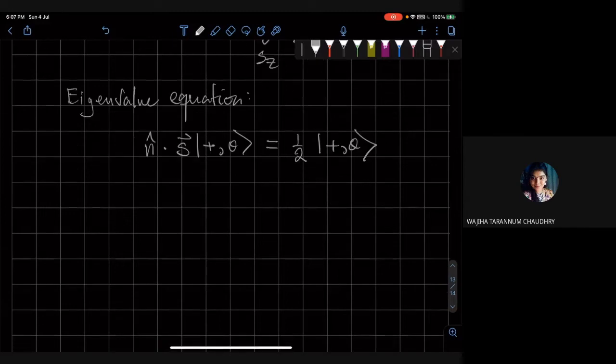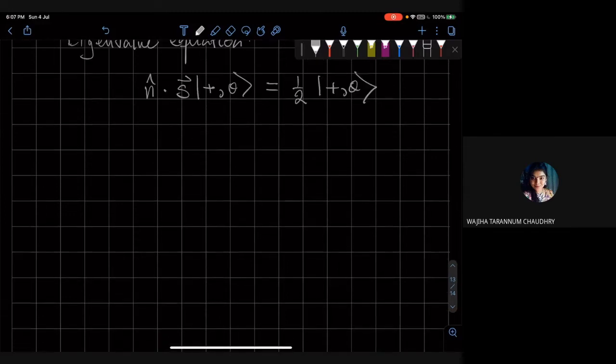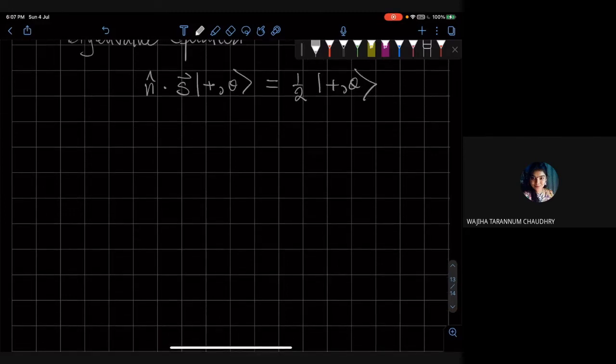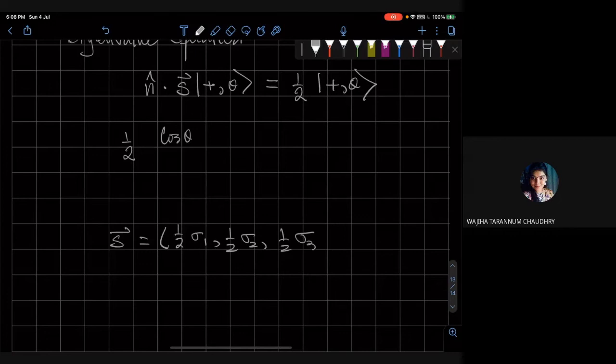Now we can write the left-hand side. We know what S is, right? We work this out shortly. So n dot S is going to be, remember that S is a set of three vectors where the first is half sigma 1, the second is half sigma 2, the third is half sigma 3.